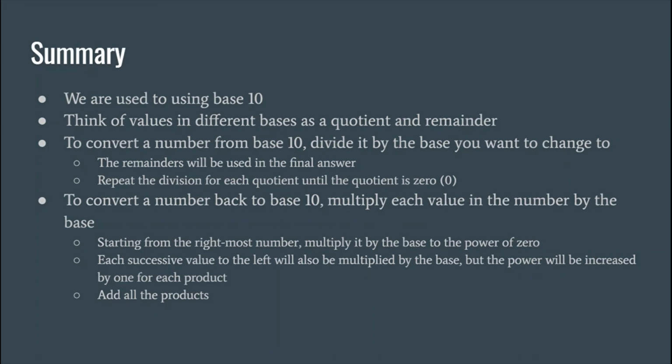Each remainder starts from the farthest right, and each successive remainder will be to the left of the last one. To convert back to base 10, you multiply each value, each place, by the base raised to the power of 0, and that increases for each value to the left, as you saw in the example we did, and you add them all together.